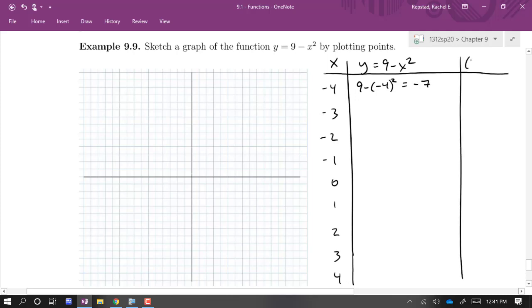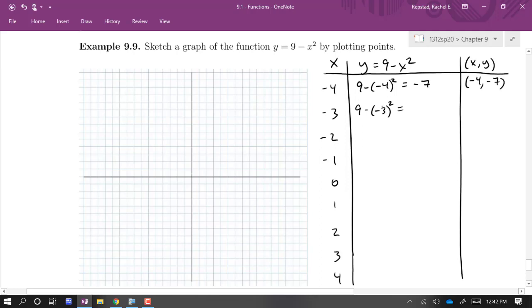And that gives us the point, xy point, (-4, -7). And I'm just going to do these out and write out all the coordinates. And then once I see what the range of outputs is, then I will have a better idea of what scale I'm going to use on my axes.